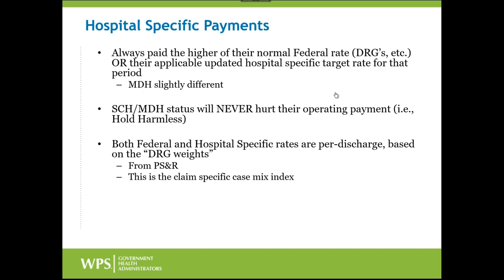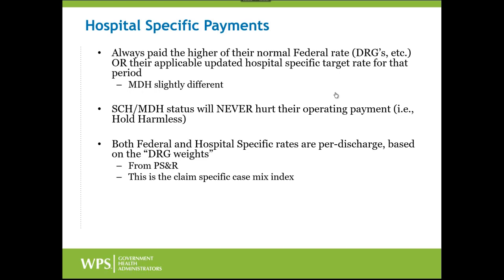So the background here is that a provider that is a sole community or Medicare-dependent hospital is always paid the higher of their normal federal rate, which would be your DRGs plus your DISH plus a few other federal items, or the applicable updated hospital-specific target rate for that period. Now, when I say the higher of those two, for a sole community hospital, that is true.